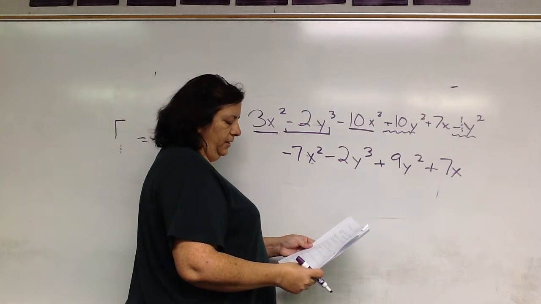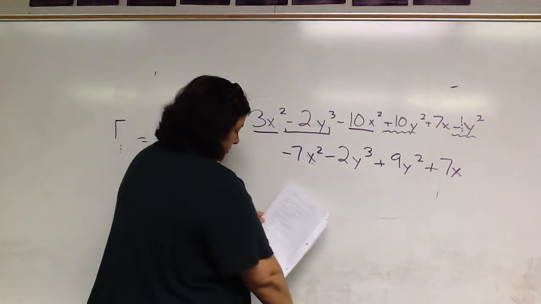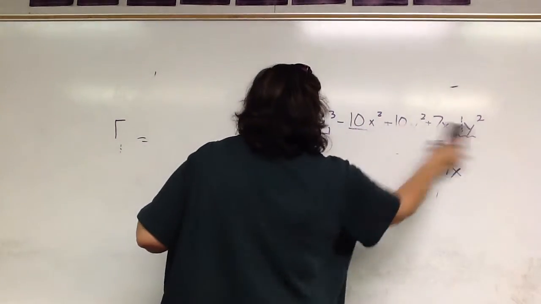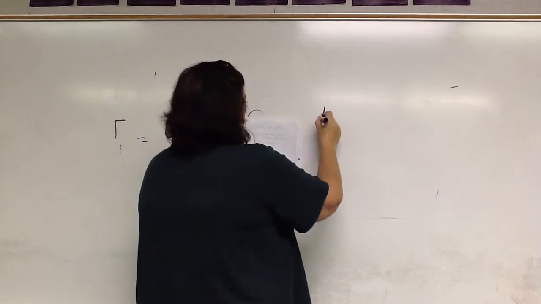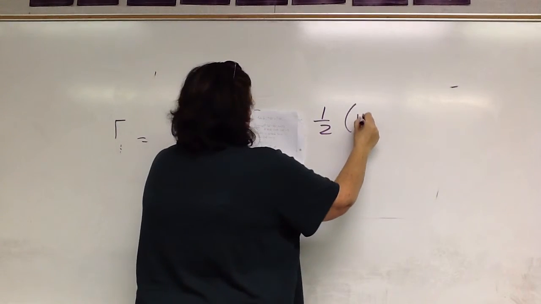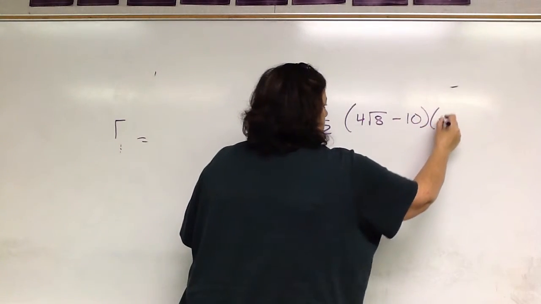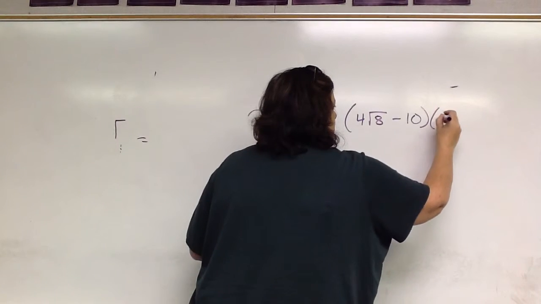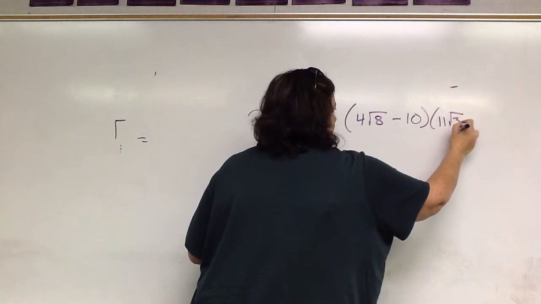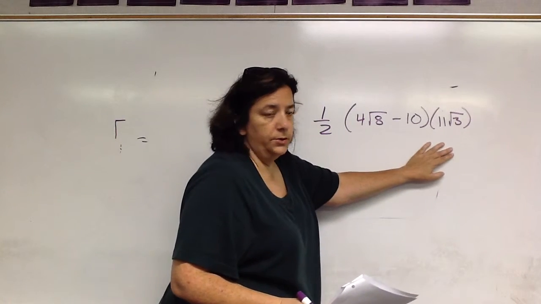And I don't think I have quite enough time to go over the practice with 1/2, except I'm going to do the number 3. So number 3 on the bottom is you have 1/2 times 4 root 8 minus 10 times 11 root 3. So here's the trick. Just pick any two to multiply and then multiply the third one.